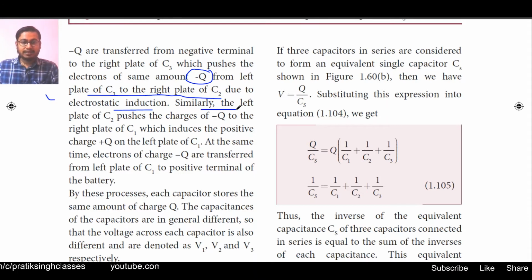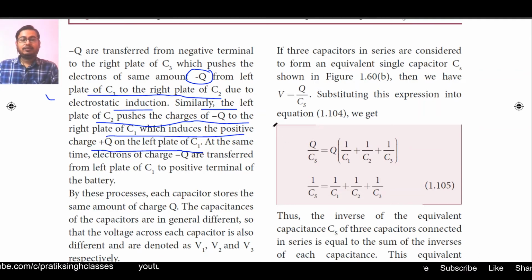Similarly, the left plate of C2 pushes the charges of minus q to the right plate of C1, which induces a positive charge plus q on the left plate of C1. That means when the flow of charges happens, all the charges in the three capacitors' plates will simultaneously separate, one side negative and the other side positive, like negative positive, again negative positive, and again negative positive in C3, then C2, then C1 respectively.